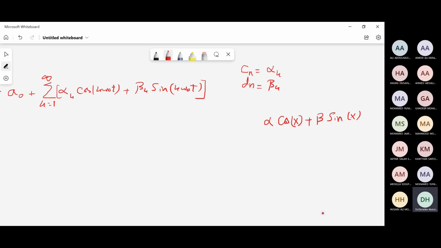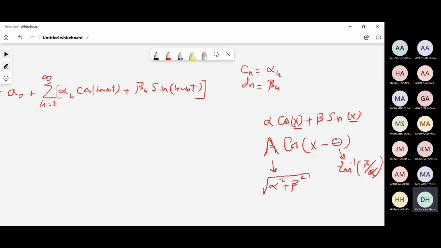We say that if we have alpha cosine x plus b sine x, at the same frequency, then I can write it as A cosine of x minus theta, where A is equal to the square root of alpha squared plus beta squared, and theta is equal to tan inverse of beta divided by alpha.